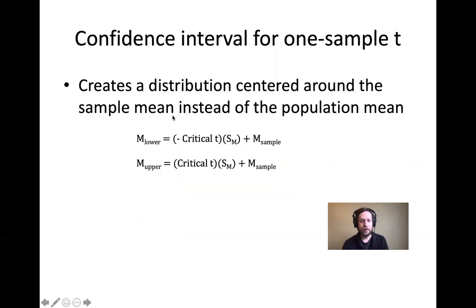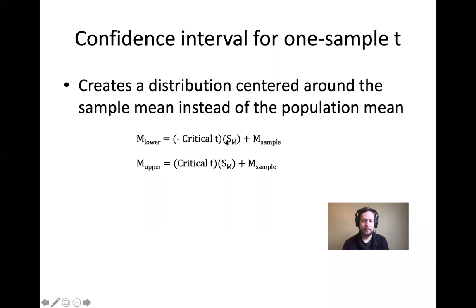When I showed you the confidence interval formulas in chapter 8, it was identical to this, except this didn't say critical T, it said critical Z. And this didn't say S sub M, it said sigma sub M, because remember, for the T statistic, you don't know the population standard deviation, so you have to use the sample standard deviation.